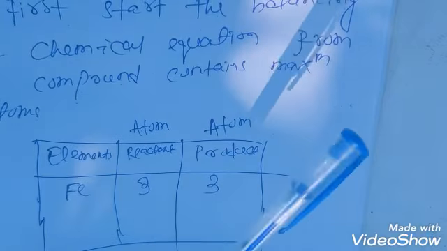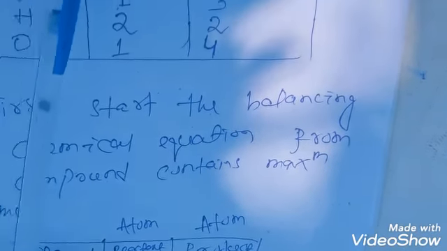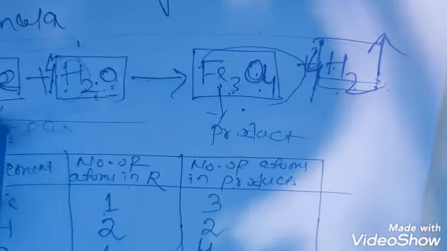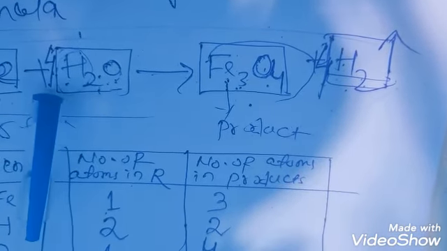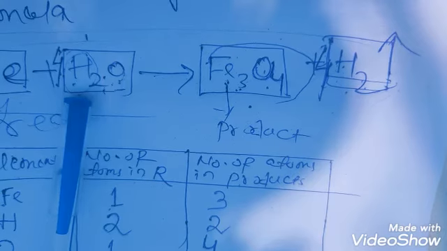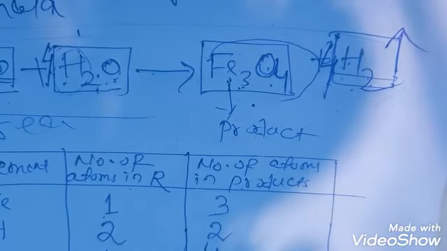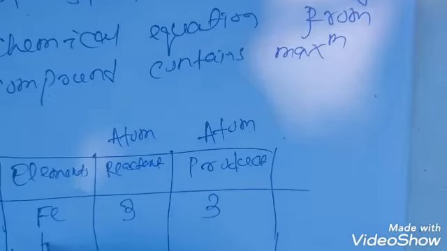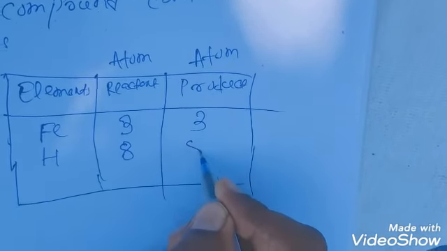The next element is hydrogen. On both sides there are 8 hydrogen atoms, 8 on the reactant side as well as 8 on the product side. So we write hydrogen 8 on the reactant side and also 8 on the product side.